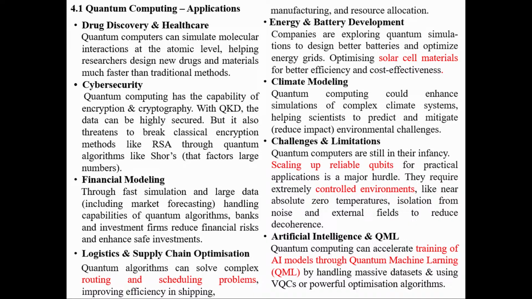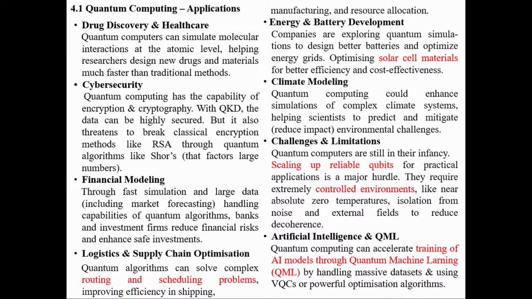And we have algorithms like Shor's algorithm, etc. And financial modeling. In market finance, a huge amount of data is needed. Such data it can also handle, and it can tell in which way you can invest money without any risk. So for banking and other investment firms, this is very good.